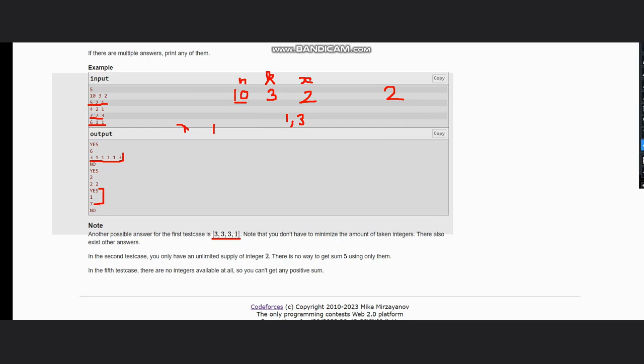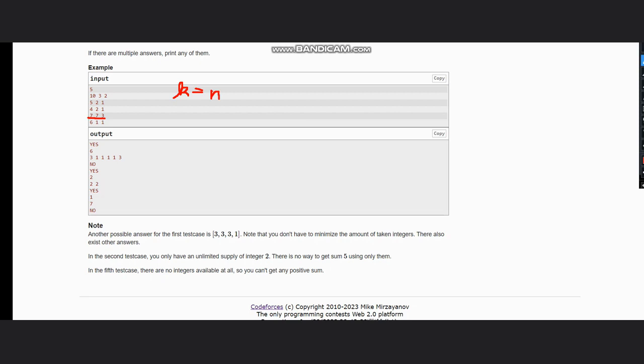Now let's understand how to solve this and what will be the approach for this question. So first of all, as I showed you in the test case, if k is equal to n, and you need to also check that n is not equal to x.